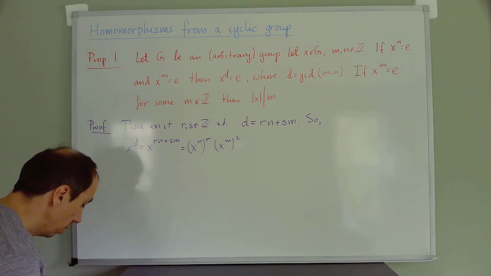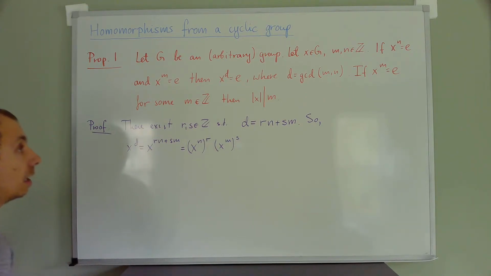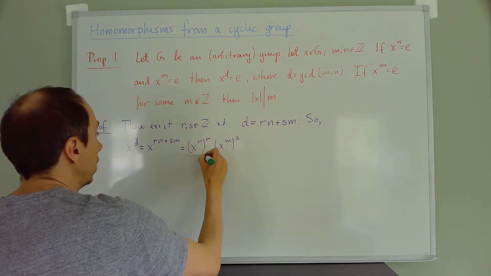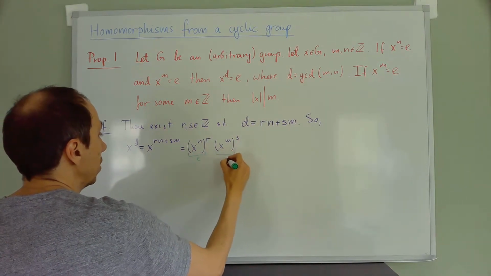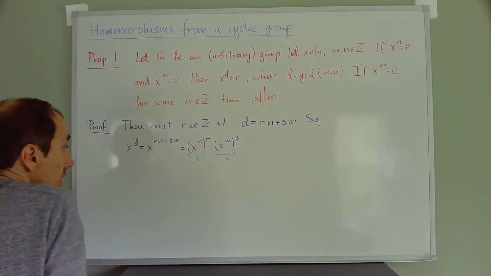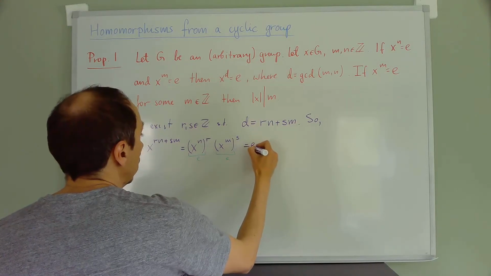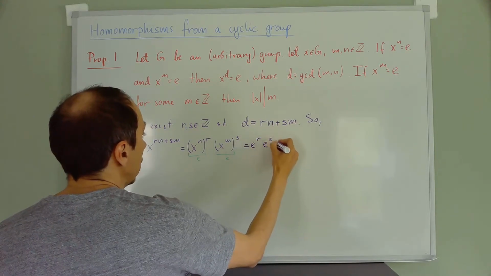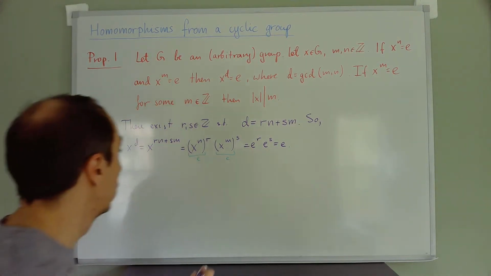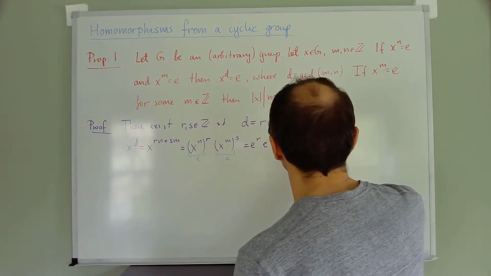And what I know is that x to the n is the identity, so that's the identity. And so is this. So I get the identity to the r times the identity to the s, so the identity. Okay, so this proves the first part.